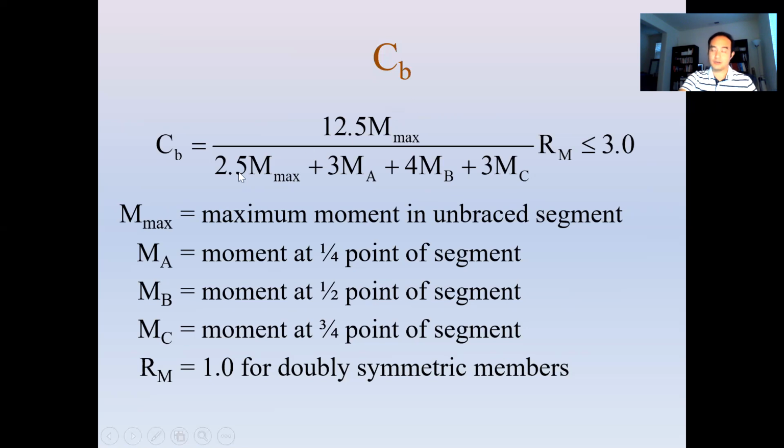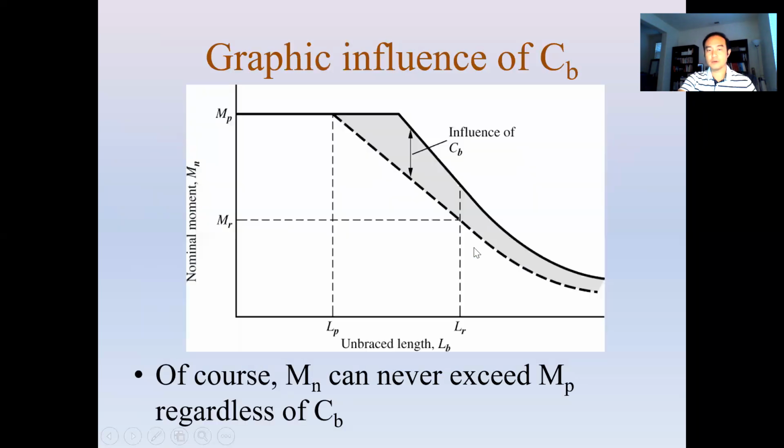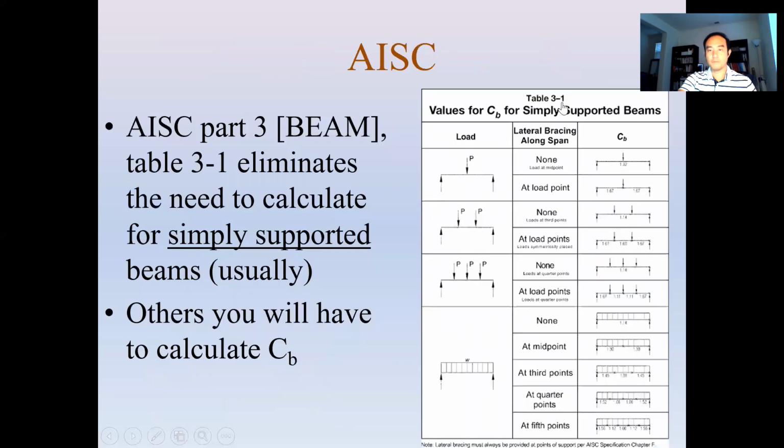M max is, of course, the maximum value from the bending moment diagram. And R sub M is equal to 1.0 for doubly symmetric members. But we're not using this equation. If you want, you can use it for different cases, but the typical ones come from this table.